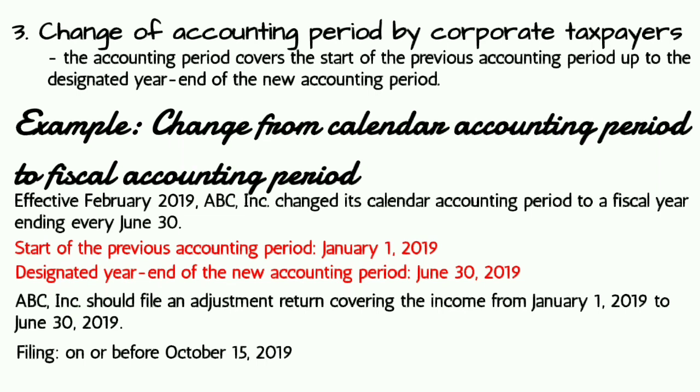So that means ABC Incorporated should file an adjustment return on or before October 15, 2019. Ang deadline ay October 15, 2019. So that means pwedeng mag-file si ABC Incorporated on or before October 15, 2019.